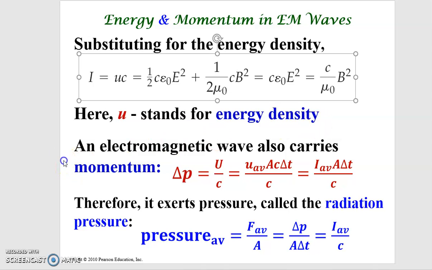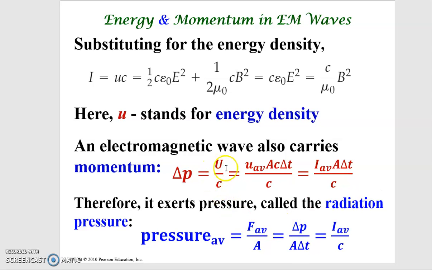Now let's take a look at this one. If you have an EM wave, so if you have energy, then definitely you will carry momentum. For the momentum carried by the EM wave, if you check the result we derived in the previous semester, the relation between the total energy and the momentum is simply the total energy divided by the velocity. However, now the velocity of the EM wave is c, the speed of light.